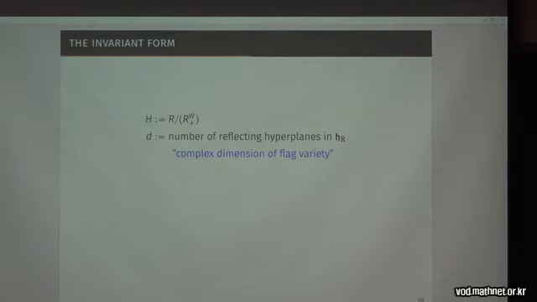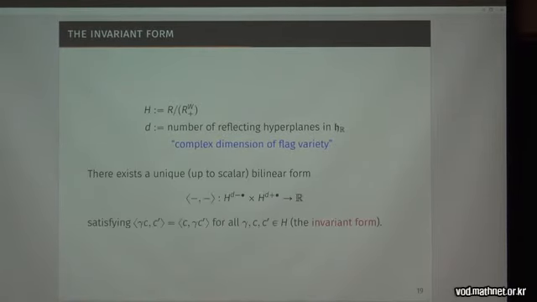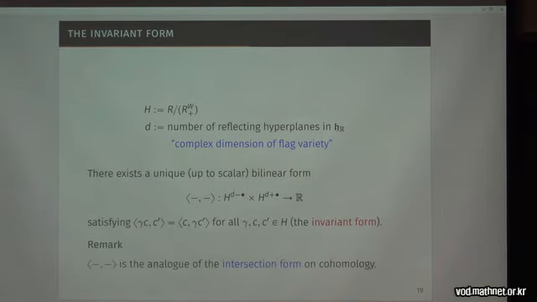Now this is a little technical, so I just consider the number of reflecting hyperplanes. This D is some analog of the complex dimension. And we have some invariant form. So what is this in geometry? On a cohomology ring, I have the Poincaré pairing.